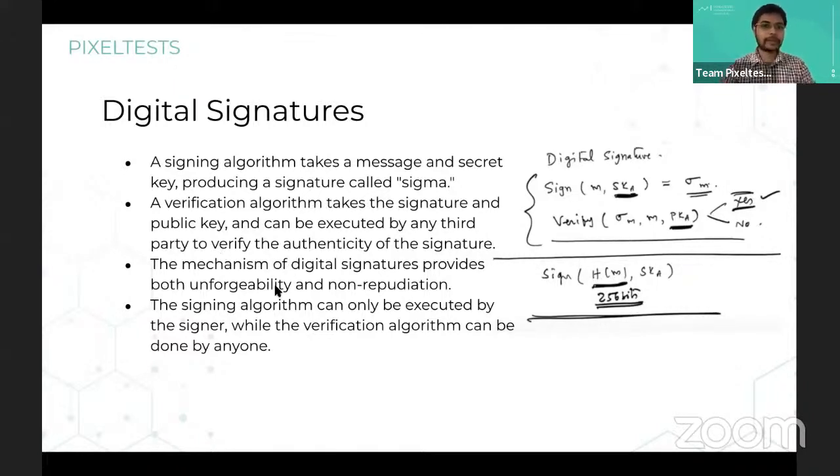Kumar asks, should the secret key and public key be only one forever? In general, it depends upon the use case. For example, for transactions, it is one secret and one public key.